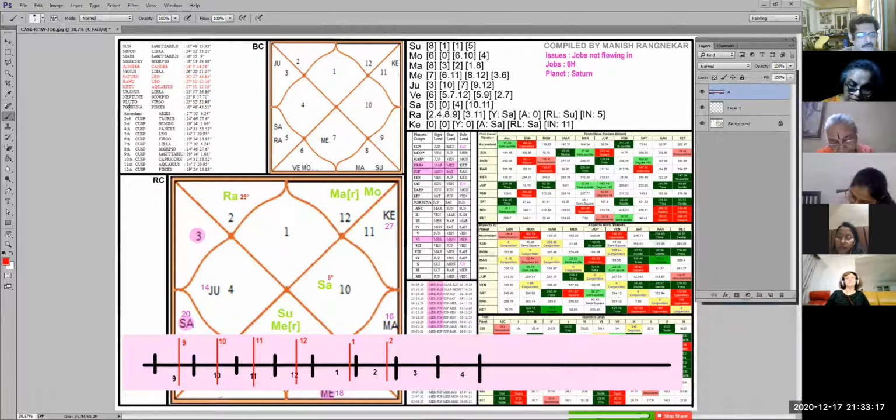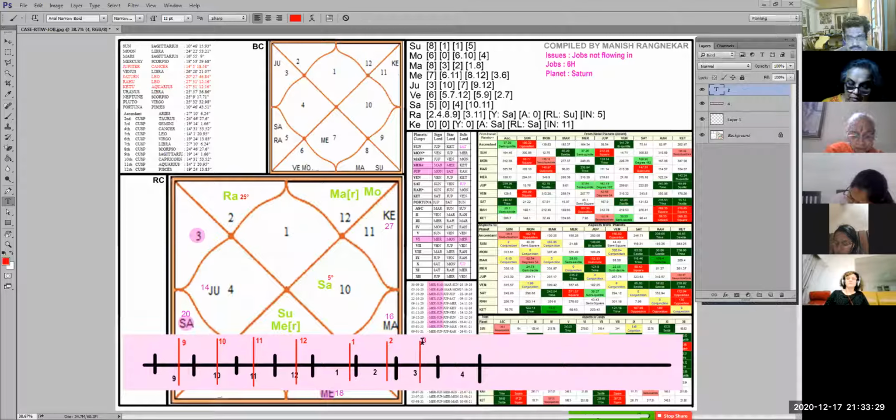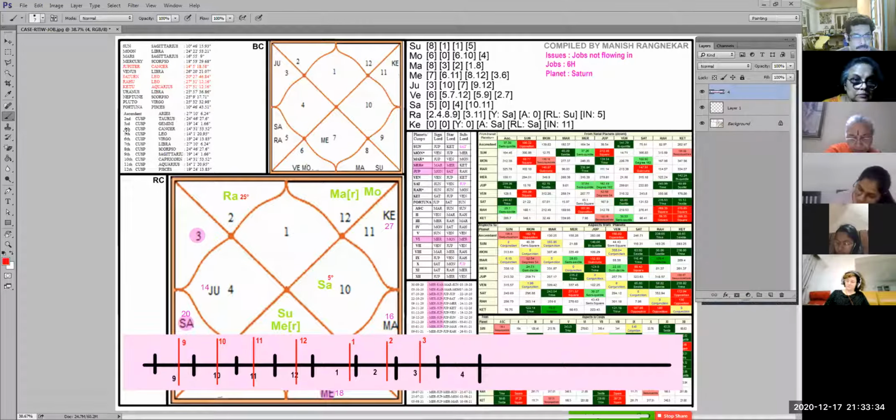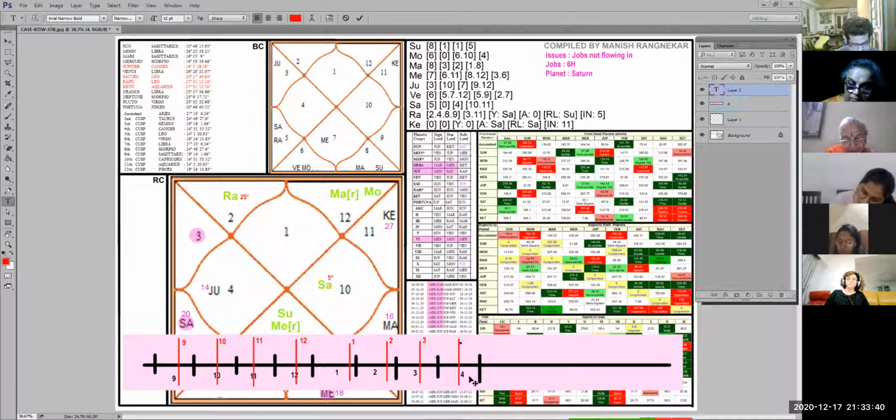Second house Taurus 24 degrees. Third, Gemini 19 degrees. And just for the heck of it, we'll do the fourth one. We don't need the fourth one, but just for our practice. Fourth one, Cancer 14 degrees.